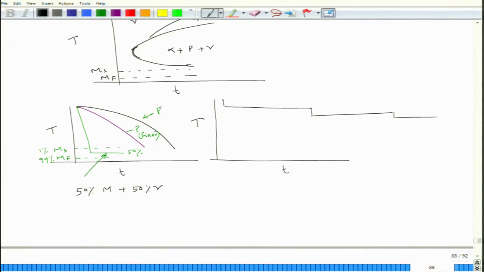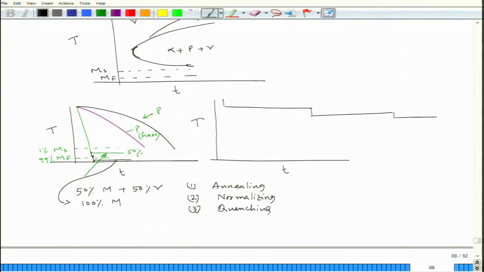Now, if I drop it further and cross this point, I would get 100% martensite. So, one operation is annealing, the second operation is normalizing, and the third operation is quenching.